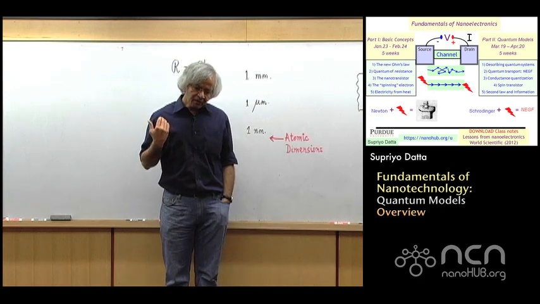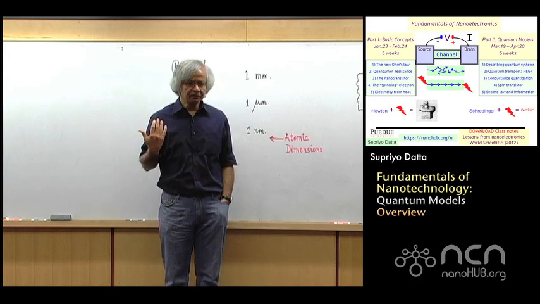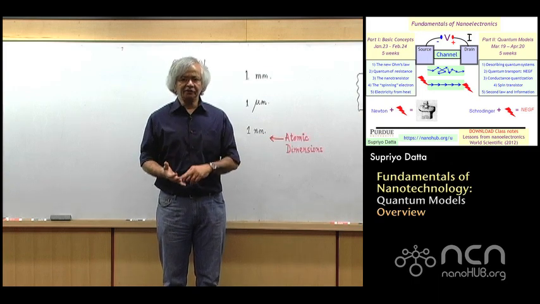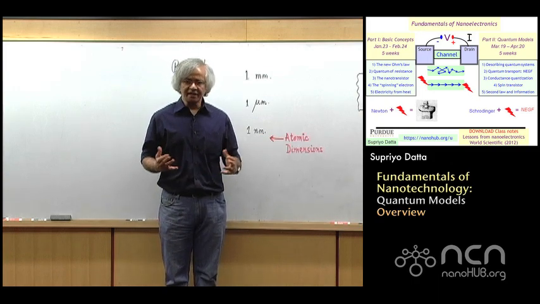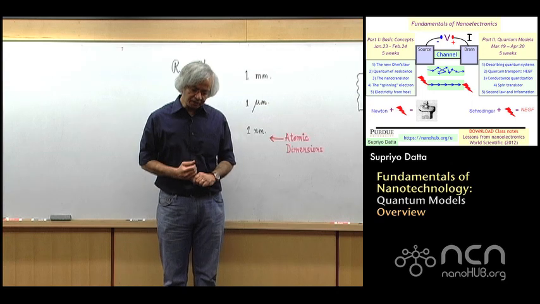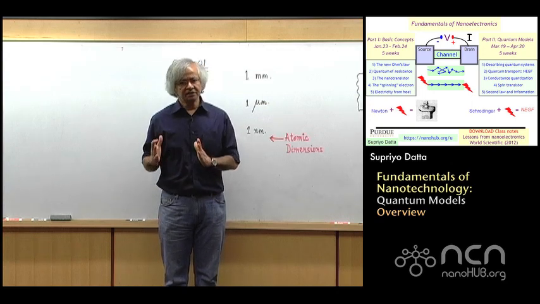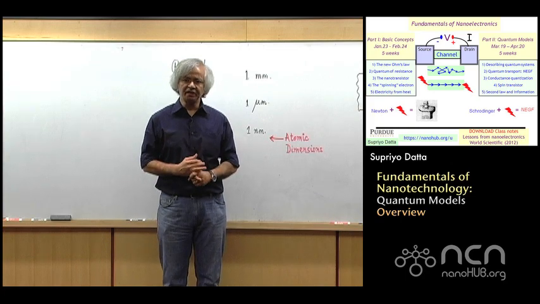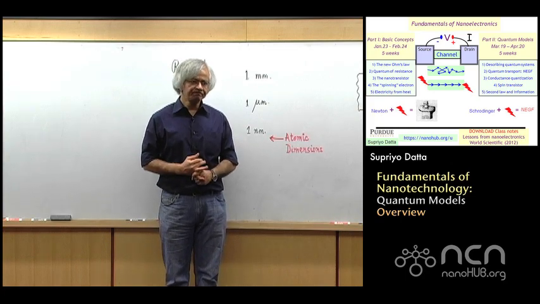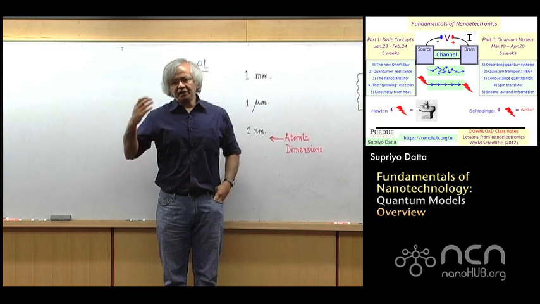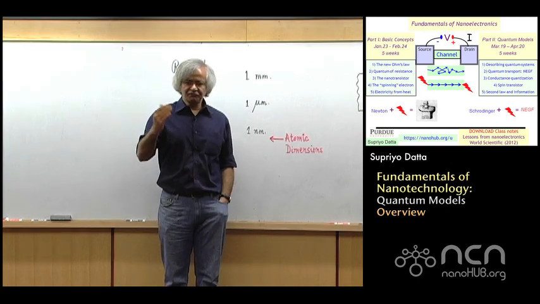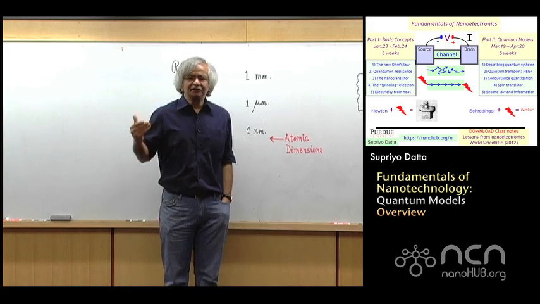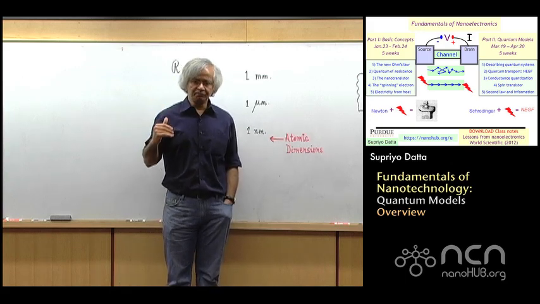And I do assume a good mathematical background, namely calculus and differential equations, as in Part 1. In addition, in Part 2, you would also need some background in matrix algebra, specifically eigenvalues and basis transformations. And again, if you don't remember it, that's fine. We'll talk about it. But if you haven't heard about it before, then that could be a problem.